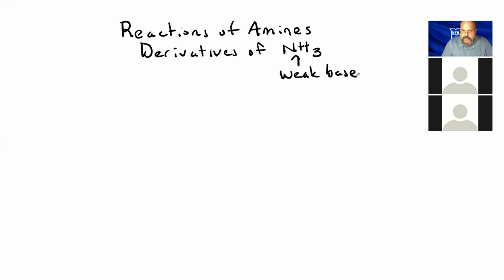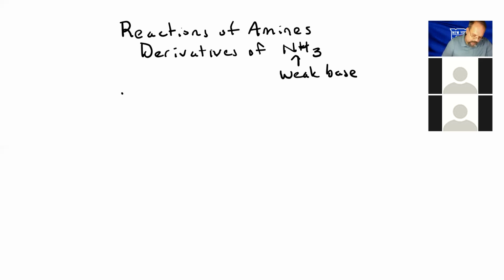is a weak base. And remember, for weak bases, there really sort of is no Arrhenius definition of a weak base. Weak bases sort of tend to only be poor acceptors of protons from water. Well, because amines are derivatives of ammonia, they tend to have the same properties of ammonia.